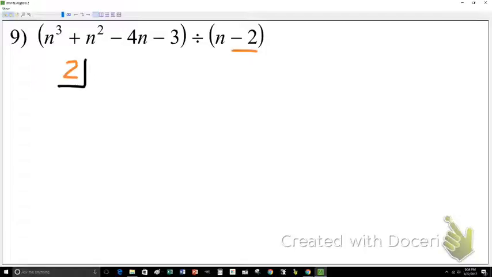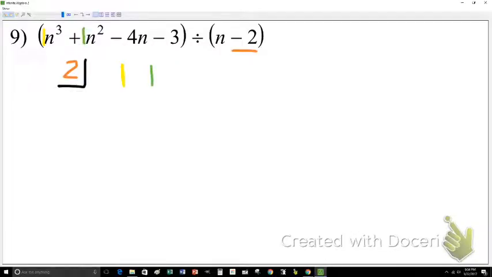So our first coefficient, our leading coefficient of this polynomial that we have here is what? It is 1. We have a 1 as our leading coefficient there, okay? So we go ahead and place the 1 right here. The second coefficient that we have is 1 again. So we place that 1 there.